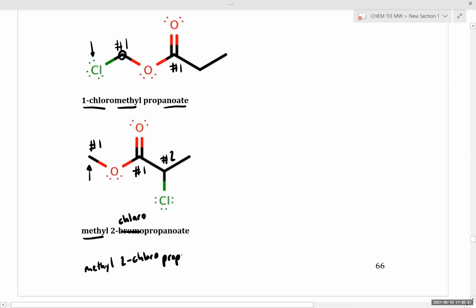Rather than propane, it would be propanoate. Does this example make sense to everyone? Okay, so let's keep going.